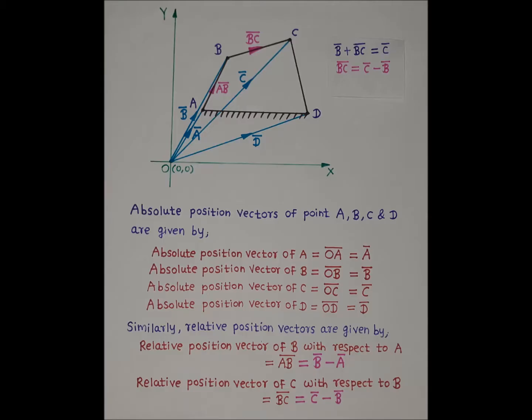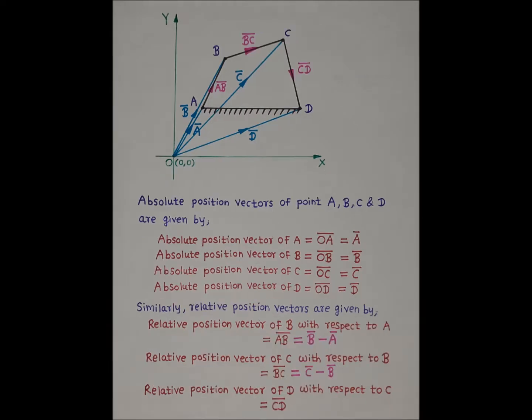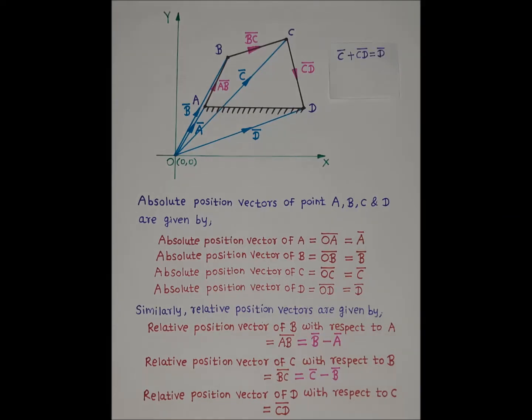Now we will go for relative position vector of D with respect to C. On screen that vector is shown, so obviously that vector will be CD bar. Now we will try to have some relation for vector CD bar. So what will be that relation?